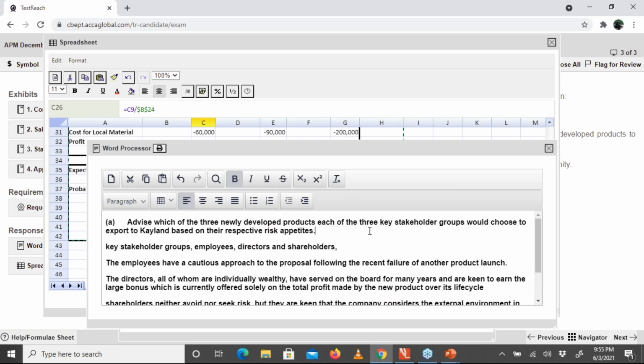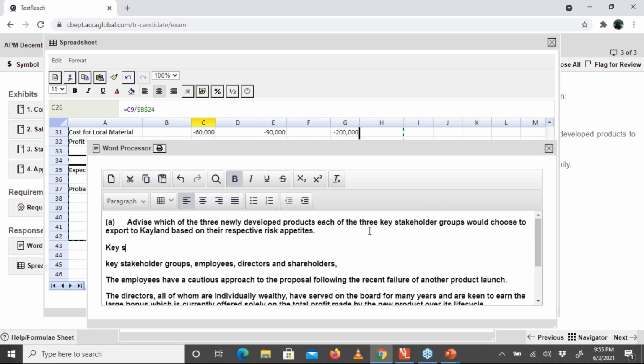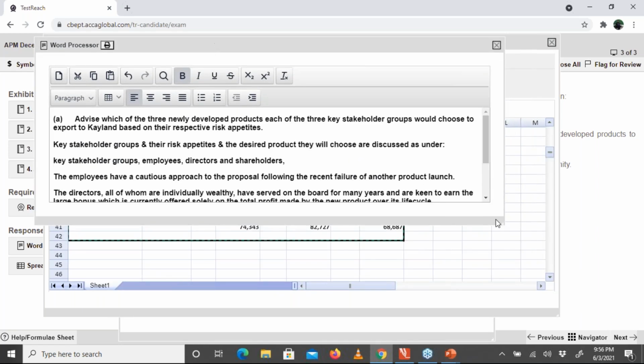So you would say that the key stakeholder groups and their risk appetites will be discussed. So what am I going to do? I'm going to write down this answer like this.